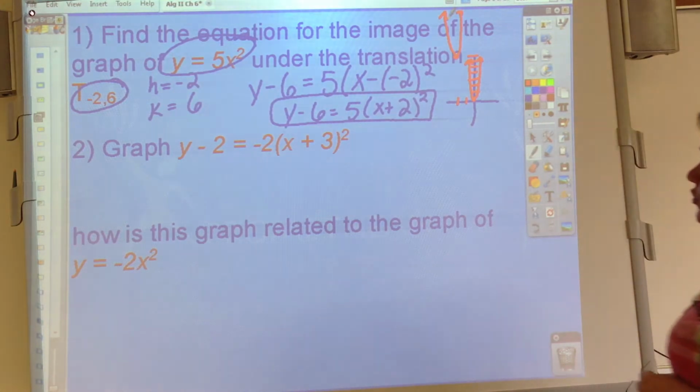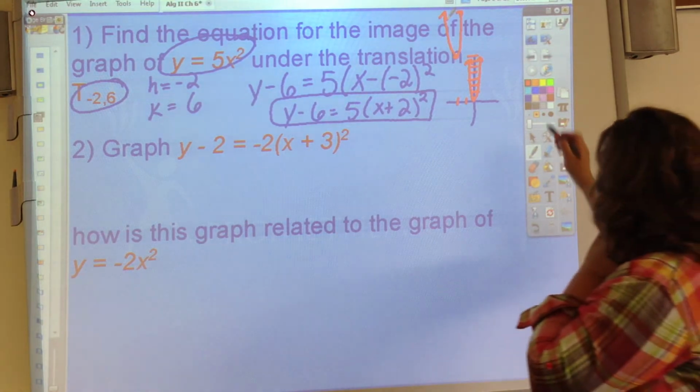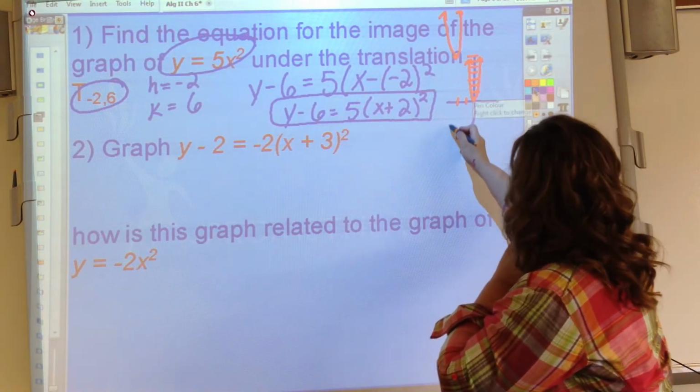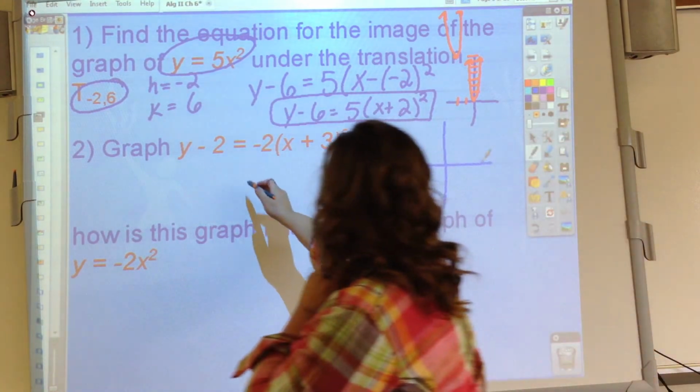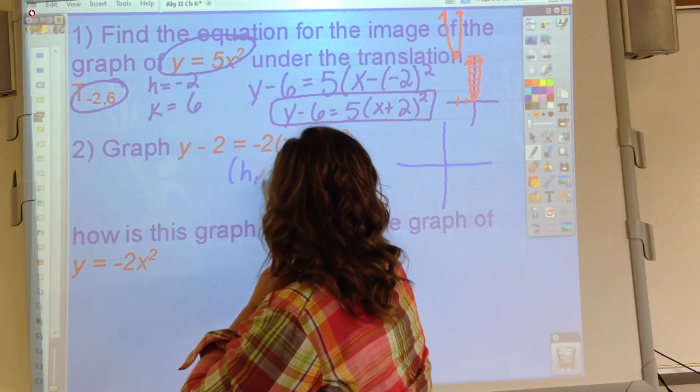as my previous graph. All right, let's look at the graph of y minus 2 equals -2 times x plus 3 squared. If I graph, I know I'm going to start at a vertex of h, k.